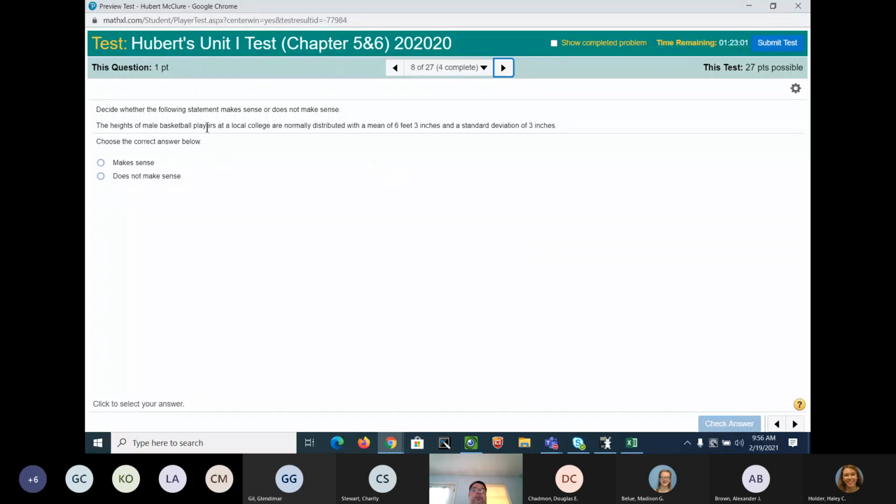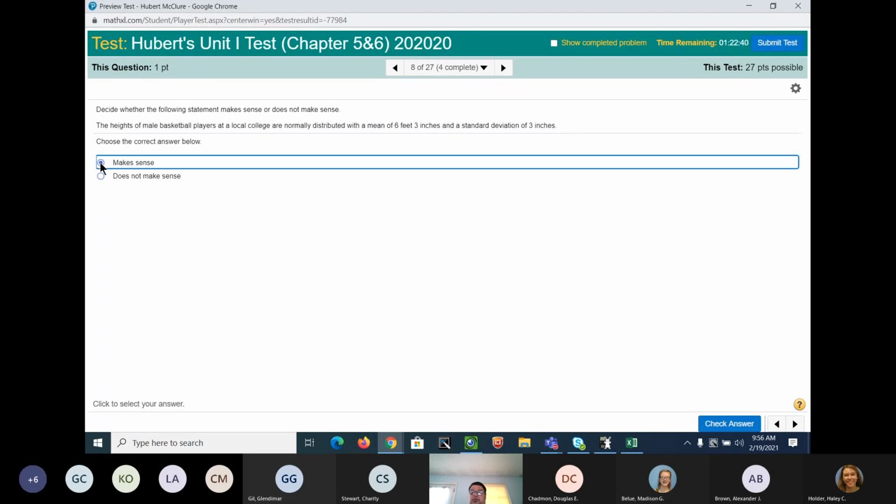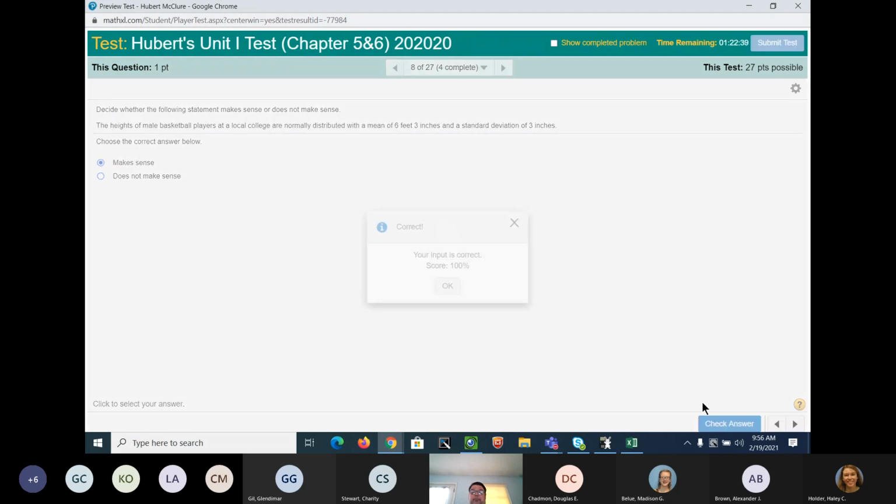The heights of male basketball players skewed left, meaning that most of them are short. Or, well, you could have skewed right, or I'm sorry, skewed left, which would mean all of them are tall. You could have that on a basketball team. But this makes sense. We'll check it to make sure. If it said something outlandish, you'd probably be able to pick it up.